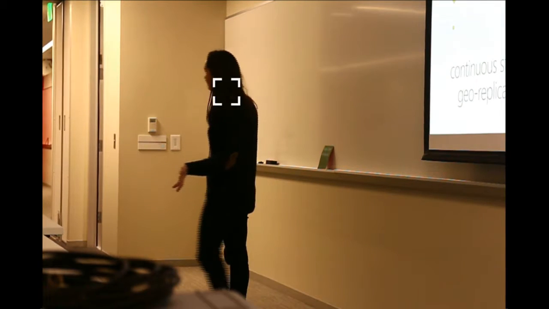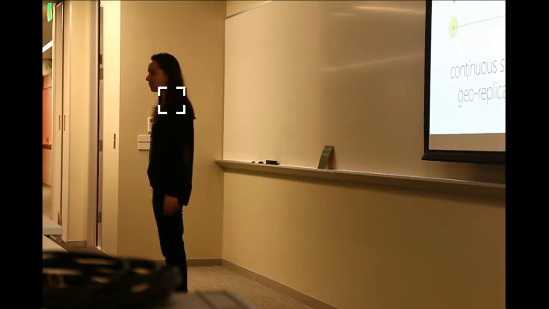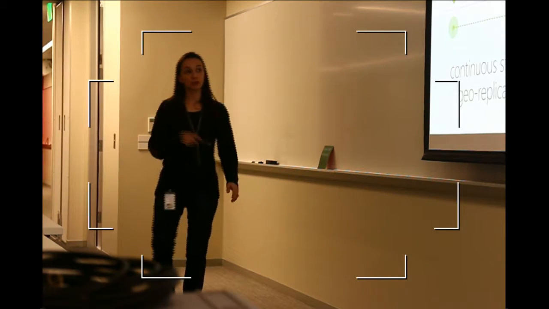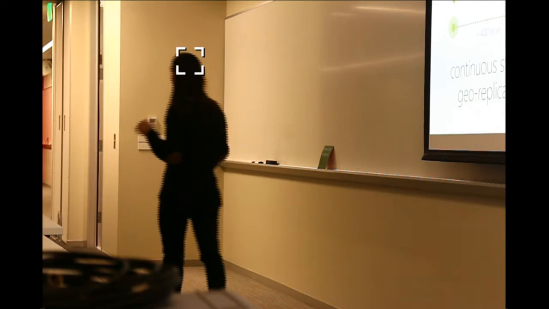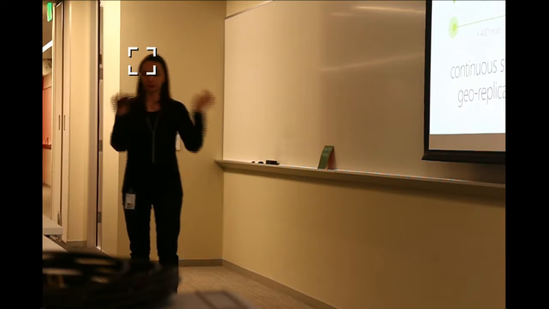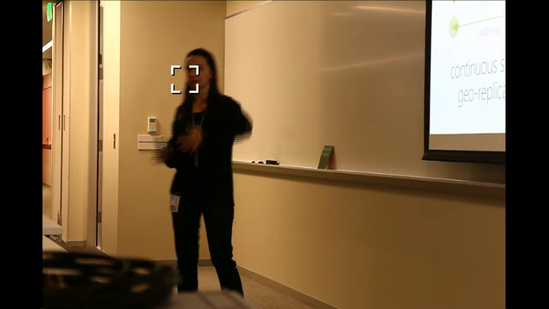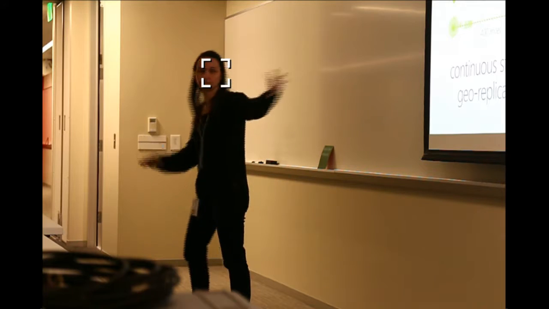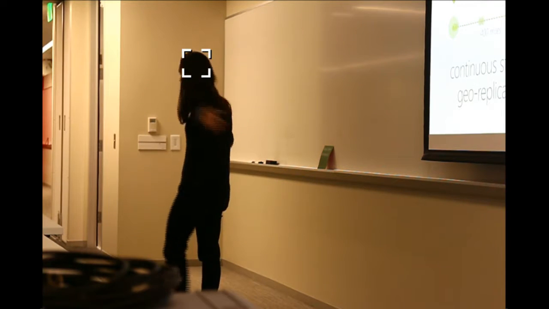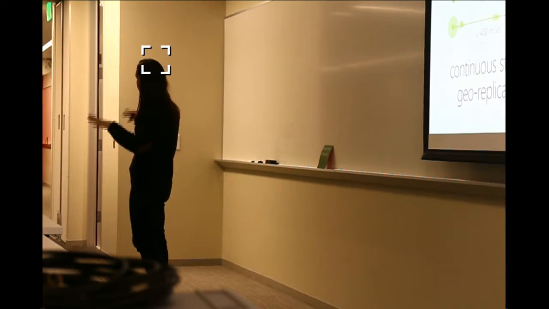However, we are in the Bay Area, and nobody likes storing all their data in one place. So we do have an option for continuous storage georeplication, and this is on by default. Whenever you create storage in Azure, you get it continuously georeplicated to another location at least 250 miles away, however in the same country.